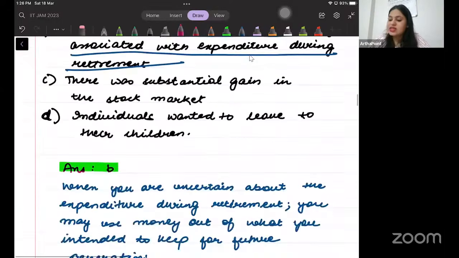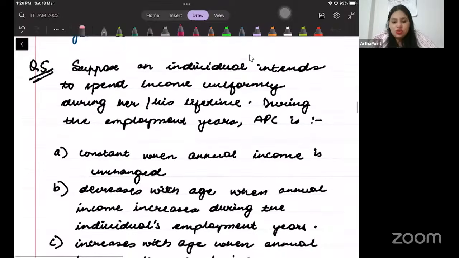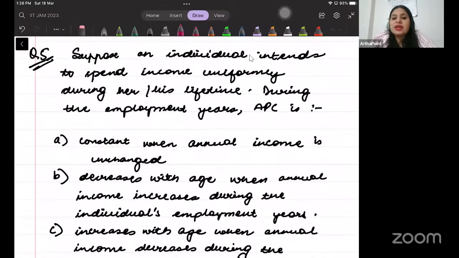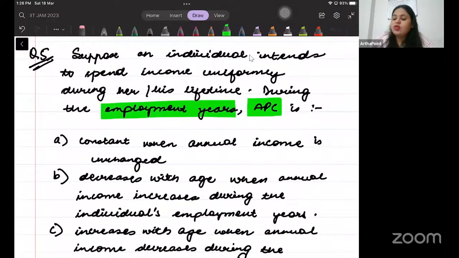So this says, suppose an individual intends to spend income uniformly during her lifetime. During the employment years, her APC is. So what is APC? Average propensity to consume. Now, when I am employed, then I know that my consumption has to take place out of my income.